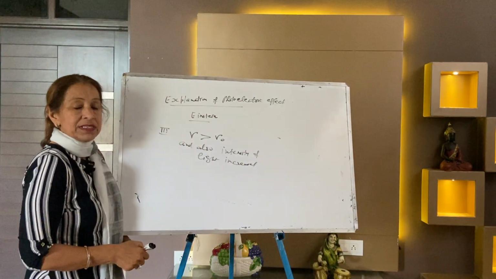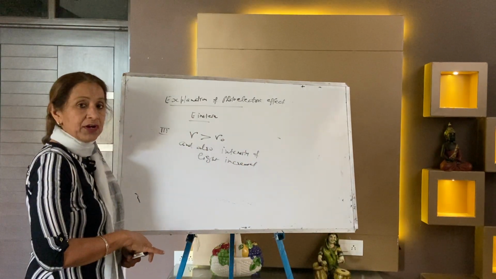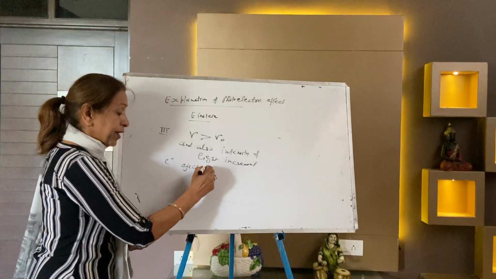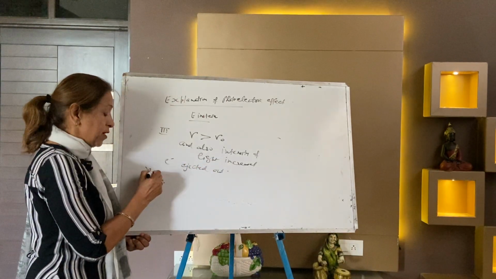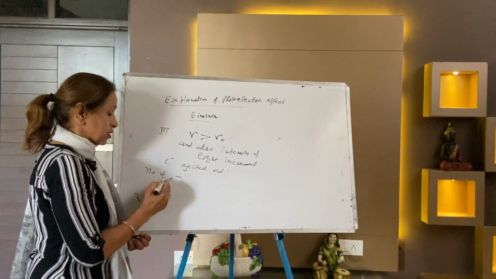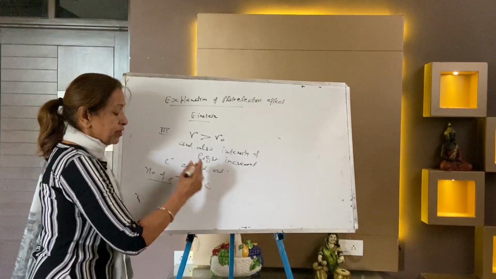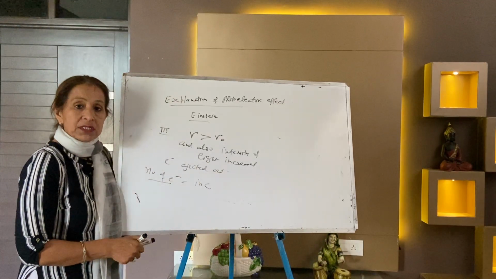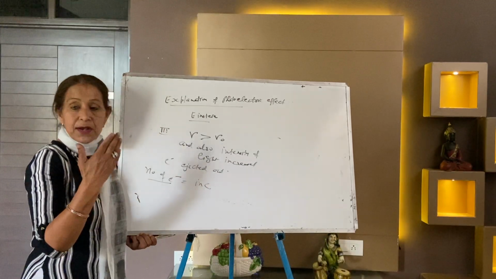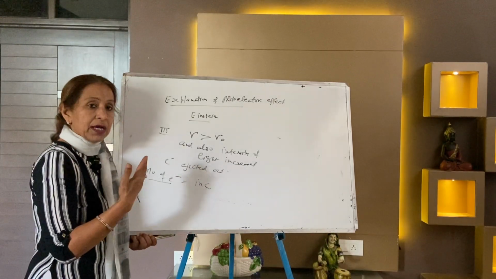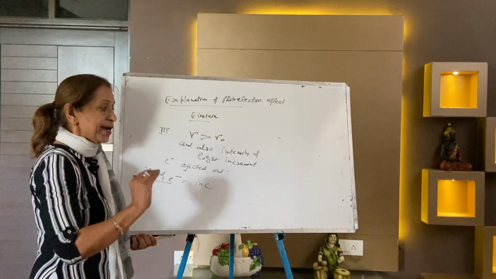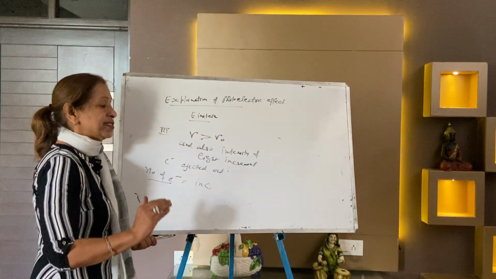When both frequency and intensity increased, electrons ejected out, but the number of electrons ejecting out increased. The number of electrons coming out from the surface of the metal increased. This means the number of photoelectrons ejected always depends upon the intensity of the incident light.